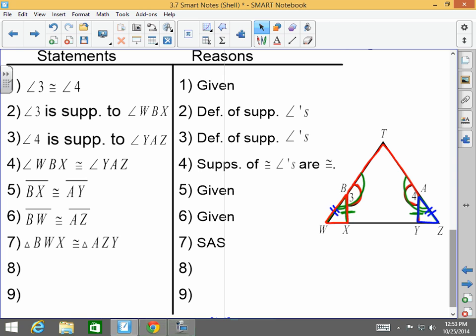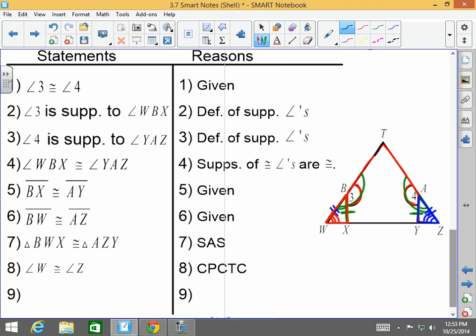Since we've proven that those two triangles are congruent, we can also now state that angle W, which I'll mark with 3 lines, is congruent to angle Z, which I'll also mark with 3 lines, because of CPCTC. Now look at the grand picture here.